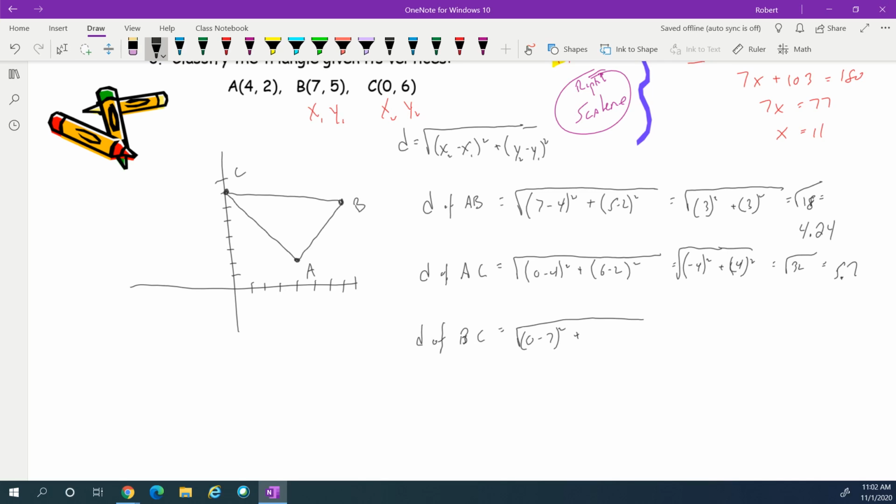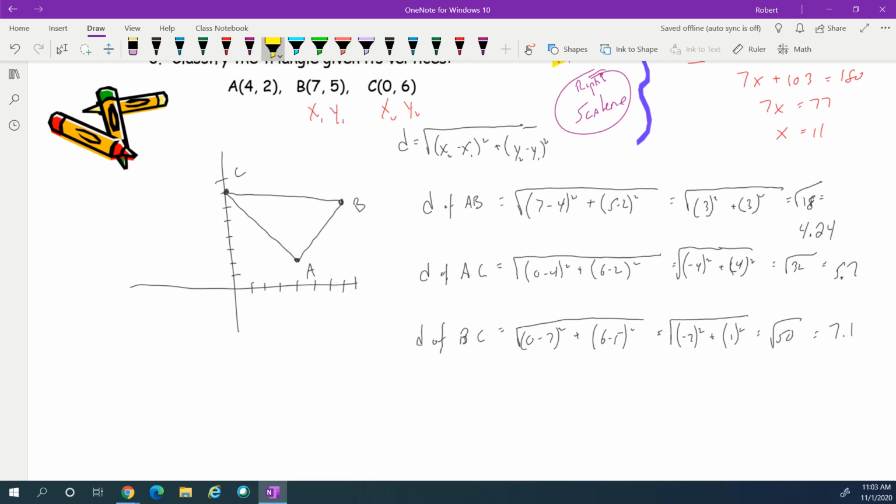For our y's, we have 6 minus 5. That's negative 7 squared. That's a 1 squared. So it looks like the square root of 50. And the square root of 50 is 7.1.